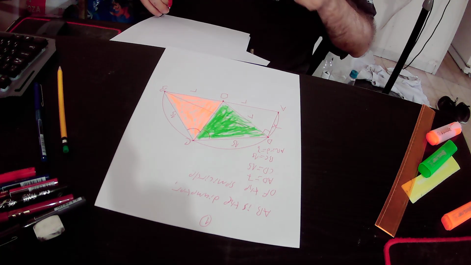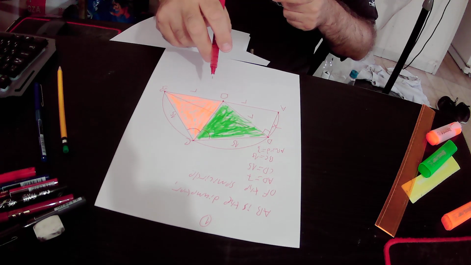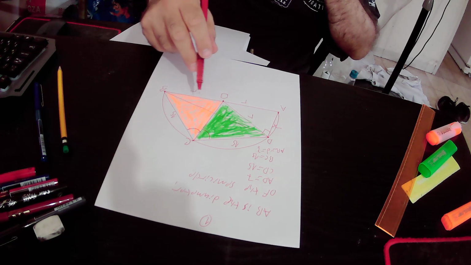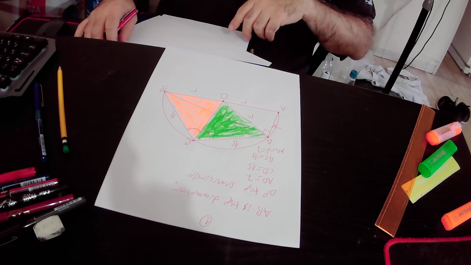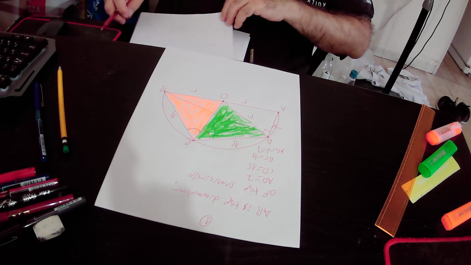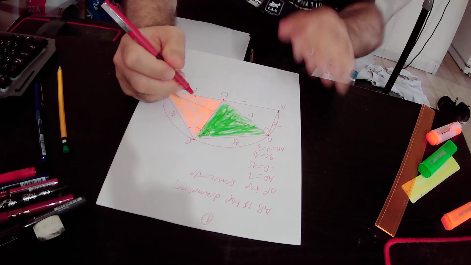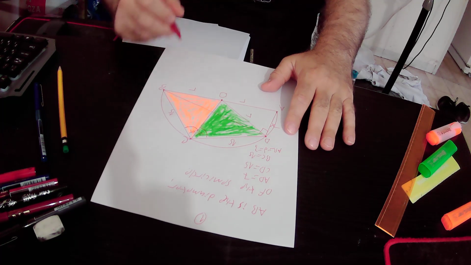Okay, the green triangle is congruent to the orange triangle, therefore the corresponding angles, angle DCO and angle OCB, are equal to each other. And if we define angle DCO as alpha, then angle OCB will be also equal to alpha.